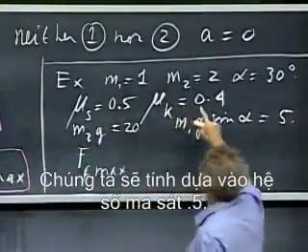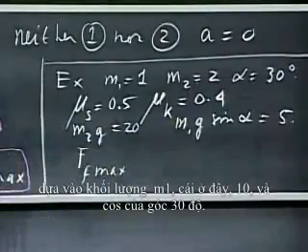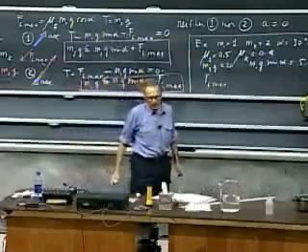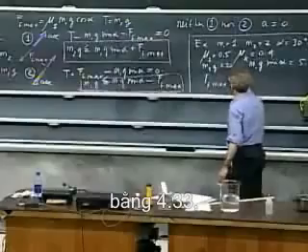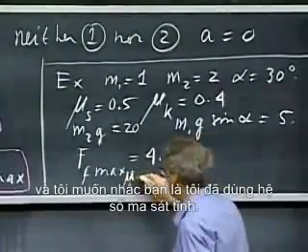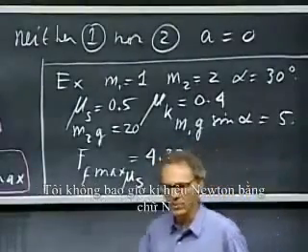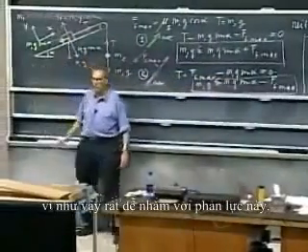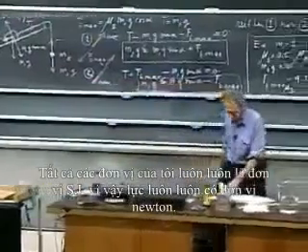I have to use for my friction coefficient 0.5. I have to use for m1g here a 10 and the cosine of 30 degrees. And what I find, you have to take my word for it, is about 4.33. And I want to remind you, I have used the static friction coefficient. And this is in newtons. I never put a capital N for newtons because that is very confusing with the normal force. All my units are always in SI units. So the force is always in newtons.